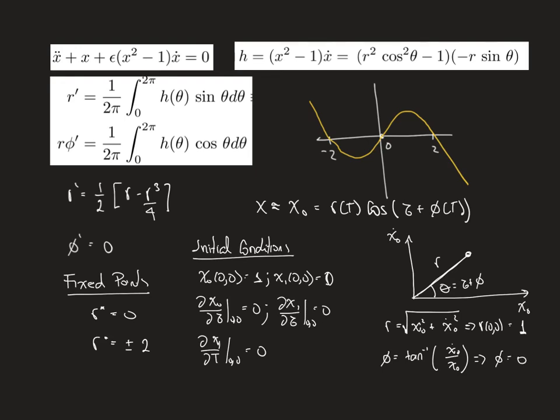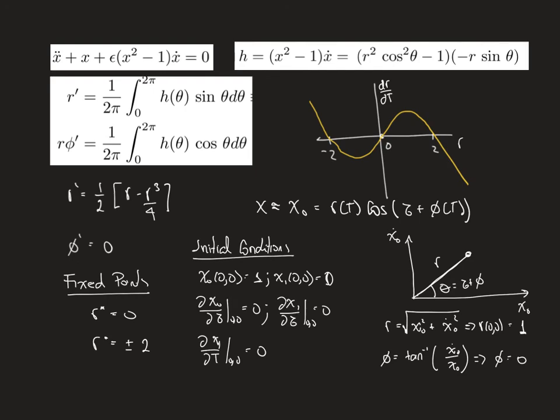So from this expression, we know that the phase starts at 0 and remains at 0 forever, and r starts at 1. So r is going to be, I don't have here the axis, this is maybe dangerous. So this is going to be the r dt, and this is r.